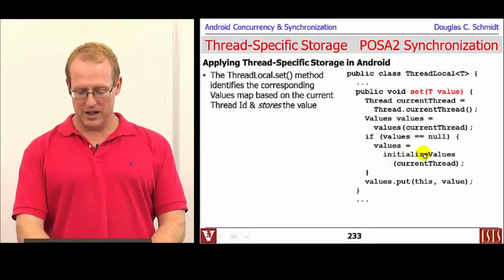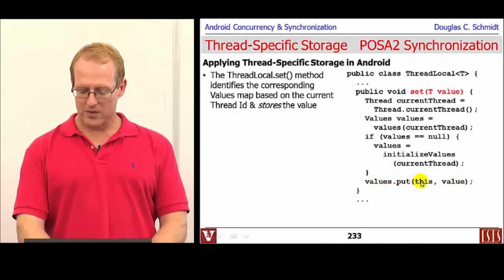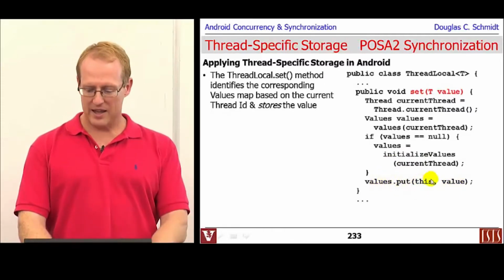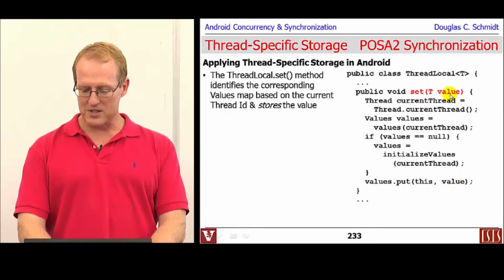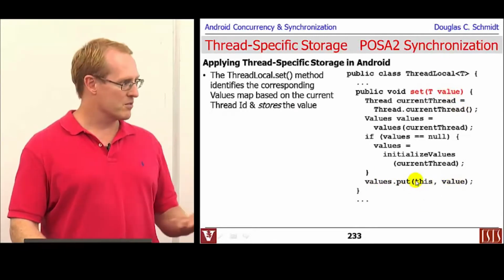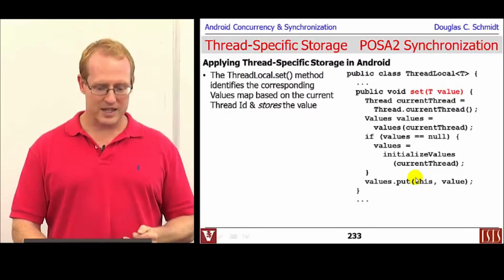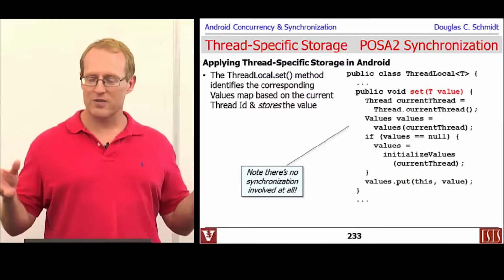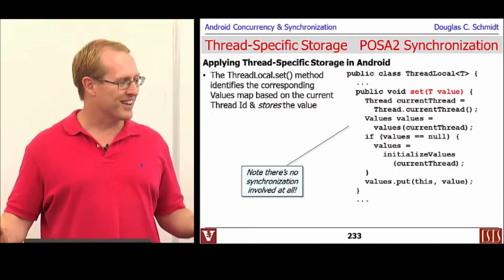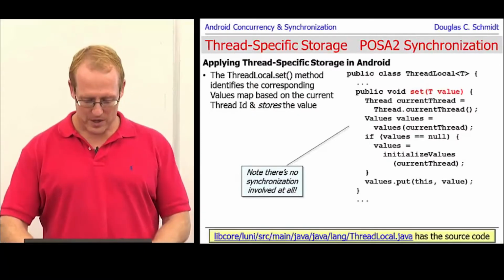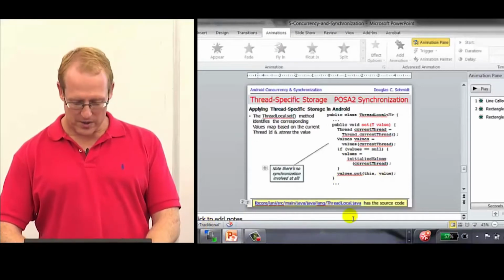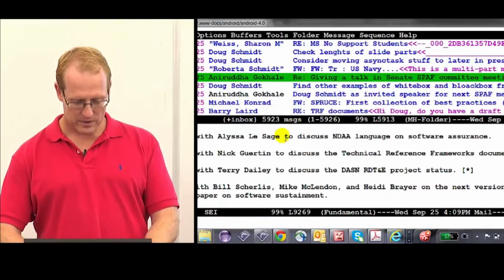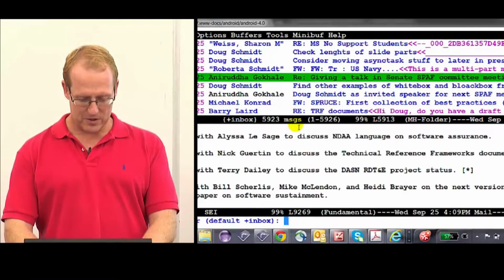Assuming it's not null, it goes ahead and does a put operation on that particular values array, storing the value that was passed in under this particular object, which is essentially its key. All right, and notice there's no synchronization. If you look through this code, there's no locking at all. That's the beauty of thread-specific storage. So let's go over here and take a look at the code. It's somewhat instructive to do this.